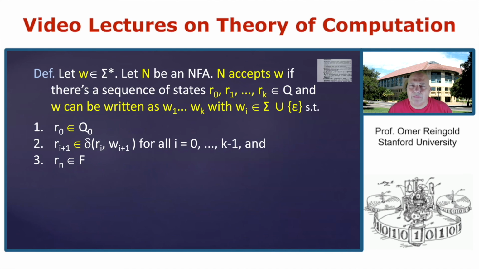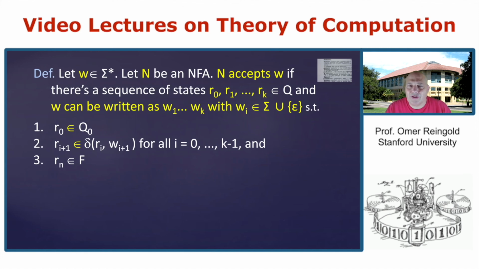So a string W is accepted by NFA N if, again, there is a sequence of states R0 to RK, and we can write W as W1 to WK, where the Wi's now are not only symbols, but symbols or an empty string, with the following property.